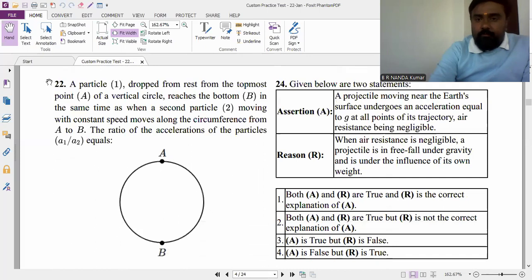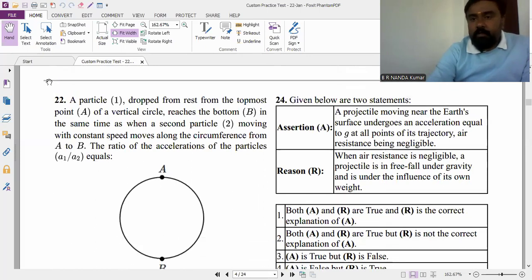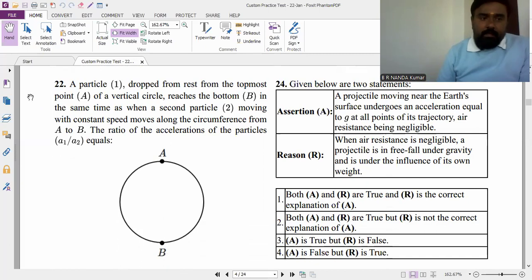Next question number 24. A projectile moving near Earth's surface undergoes an acceleration equal to g at all points of its trajectory, air resistance being negligible. So that is actually a true statement. While in projectile motion, the only force acting on the particle is the weight, the gravitational force mg.